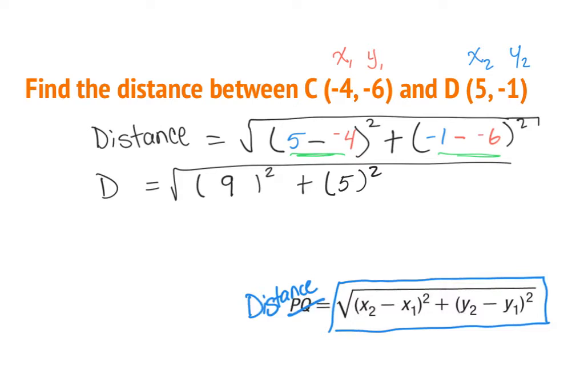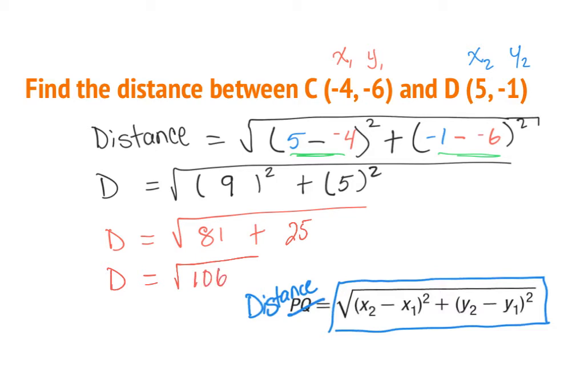So now I'm going to raise everything to the second power. So distance is going to equal, the square root is still going to be there. 9 squared is 81, plus 5 squared, which is 25. Now I'm going to actually add. So 81 plus 25 is 106.